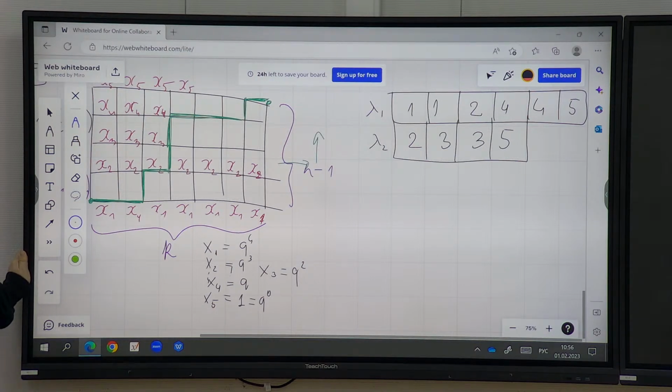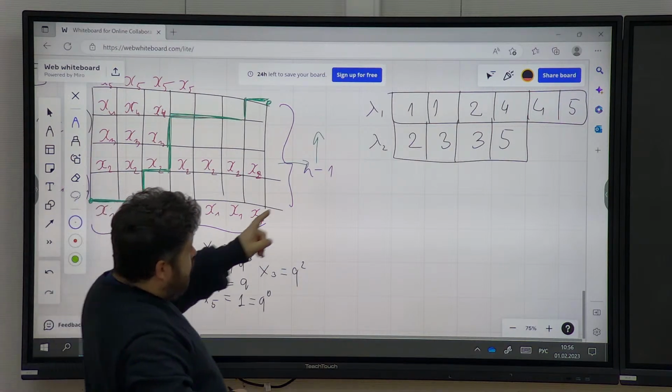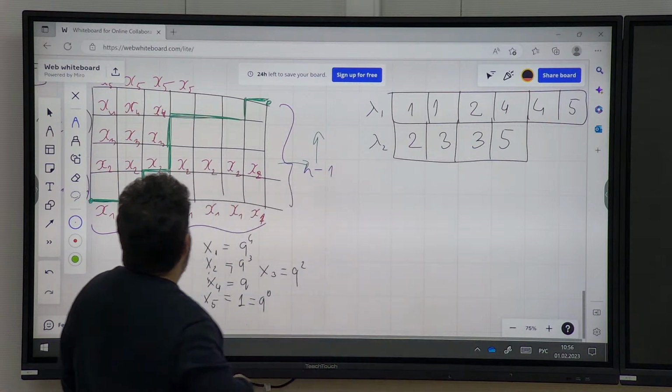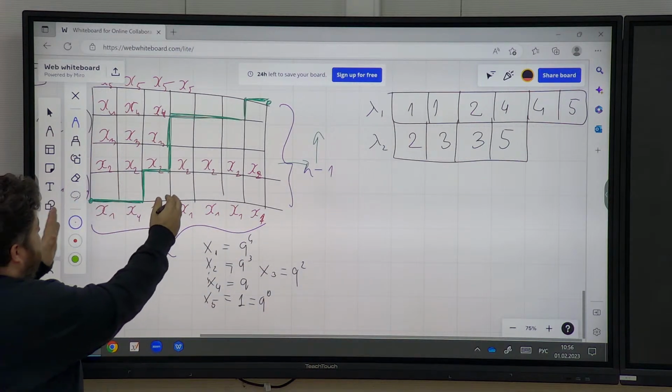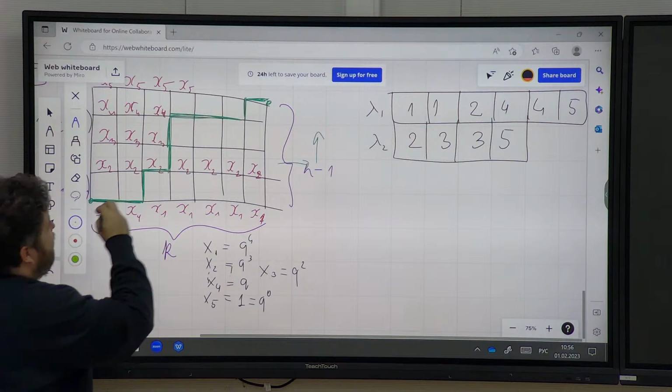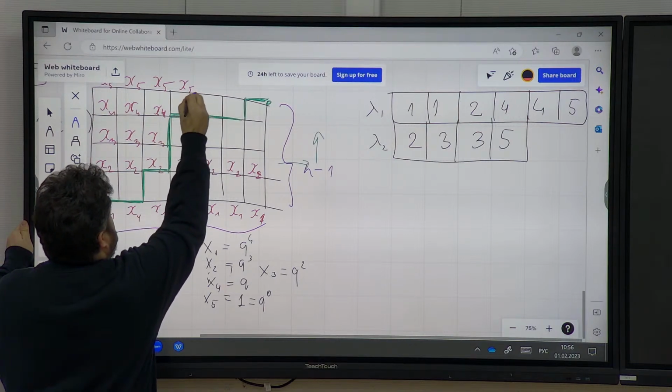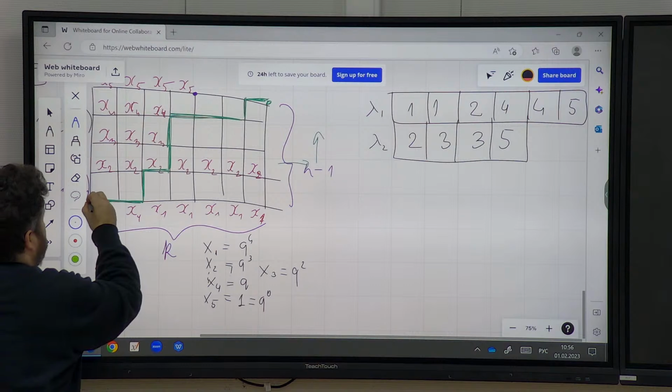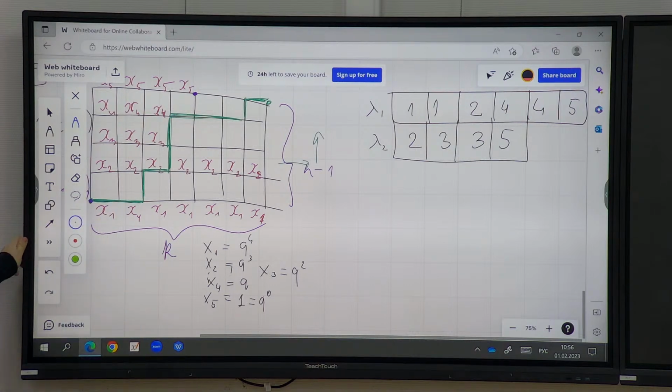So what will be the path corresponding to this row? There will be 4 horizontal steps, so it will end somewhere here, right? And that will start here.